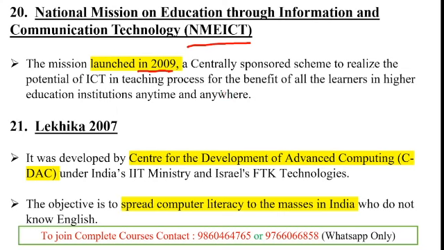So it benefits the learners in higher education institutions, who can study at any time, anywhere using ICT-based initiatives. So the NMEICT realizes the potential of ICT in the education system. Clear. And through NMEICT there are many important initiatives and also improvements in the education system. You can see the education system must be very much improved using ICT software and ICT initiatives.